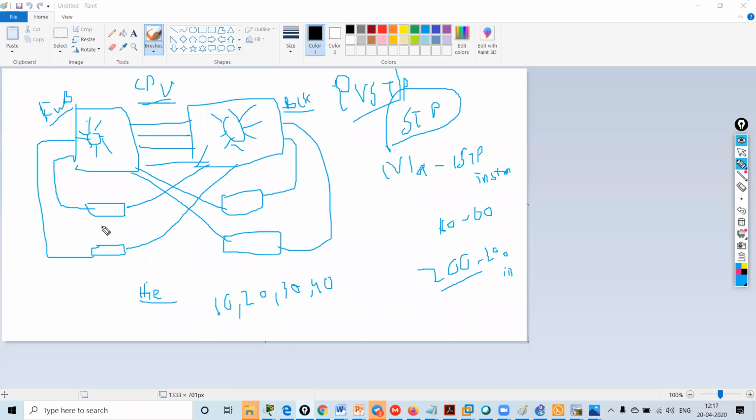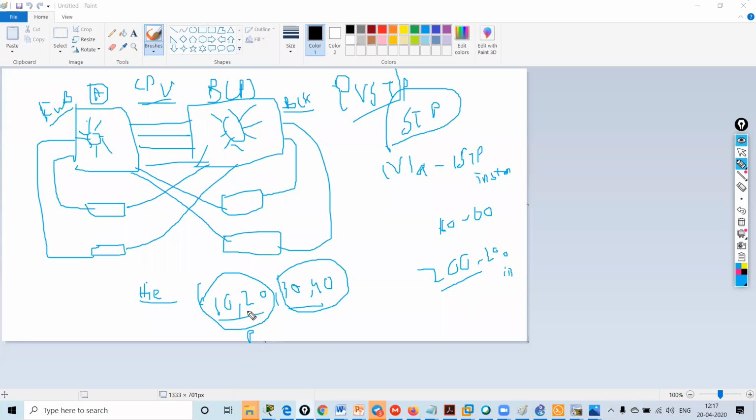Now what I did, I made this switch A and this switch B. I made switch A the primary root bridge for these two VLANs, and for 30 and 40, switch B will be my primary root bridge, and vice versa.